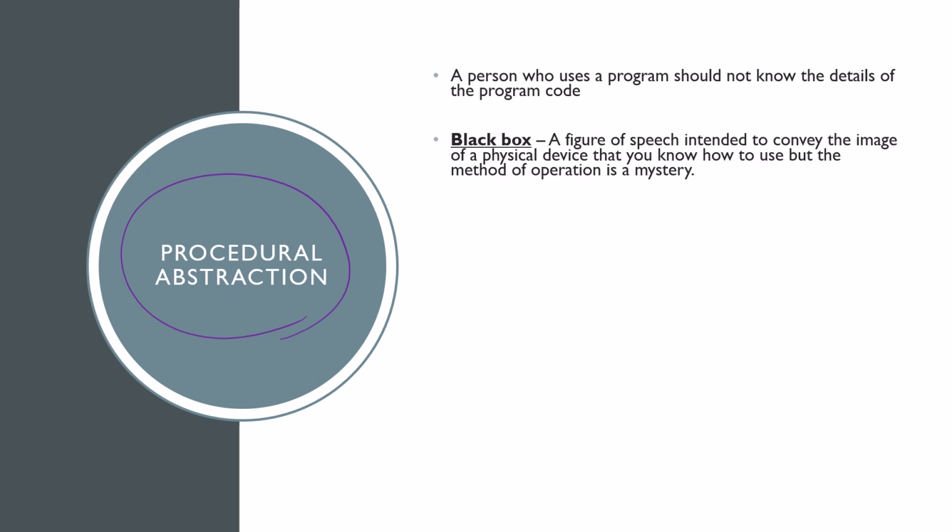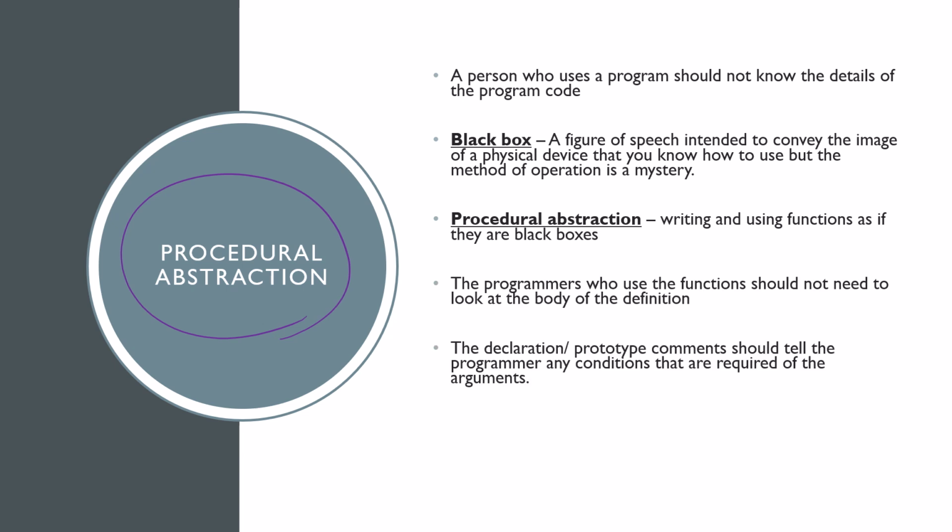So the idea is that all I need to know if I want to use your function is how to use it, what the name of it is, what its return type is, and what type of parameters it takes and the order of the parameters, and some good comments that describe how to use it. And this is everything I just said. The declaration or prototype is very important, should have good comments, and it should explain exactly how to use the function.